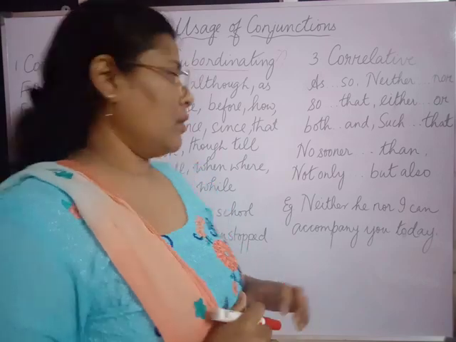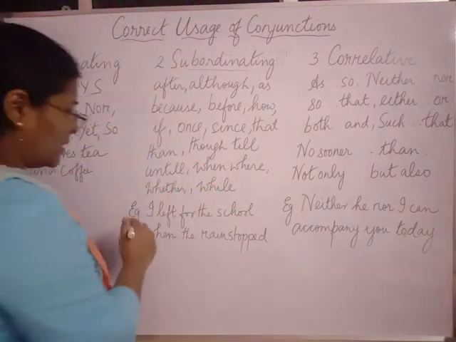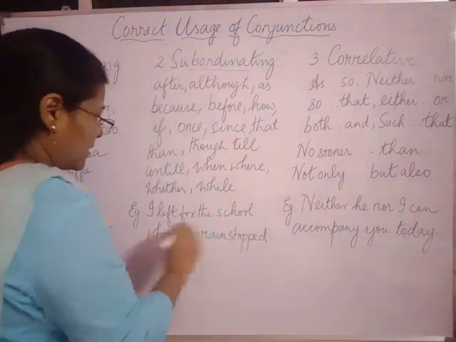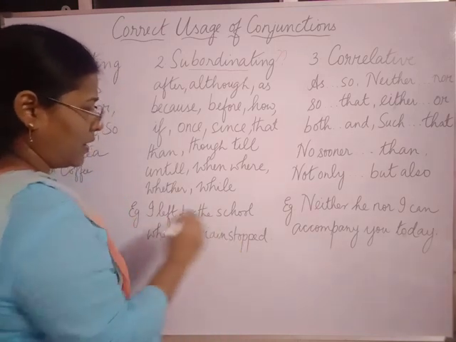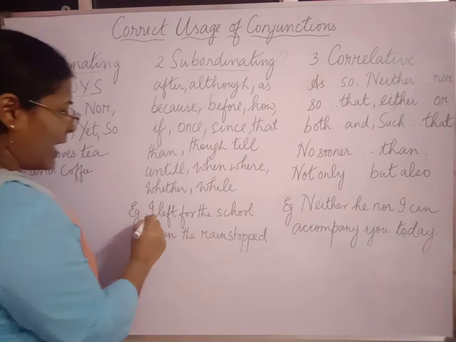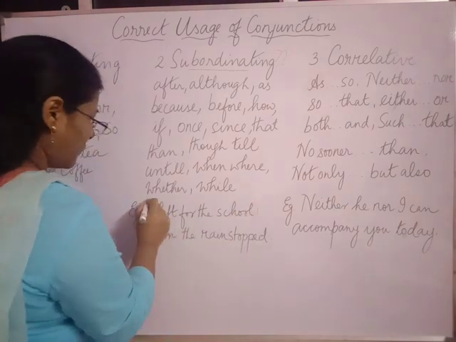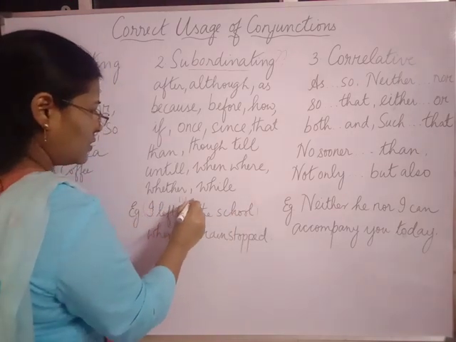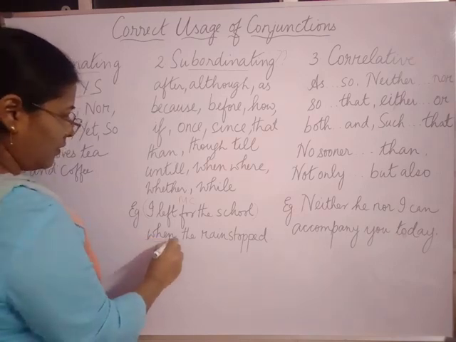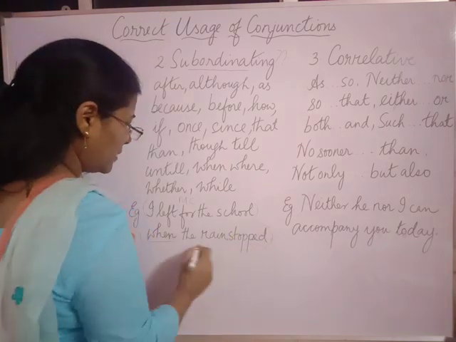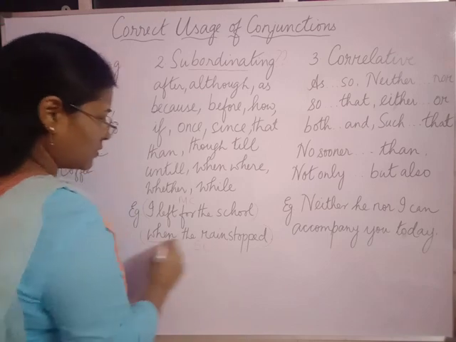Now, what is the meaning of this? I'll explain with this example. I left for the school when the rain stopped. Now, I left for the school, this is the main clause. When the rain stopped, this is the subordinate clause.